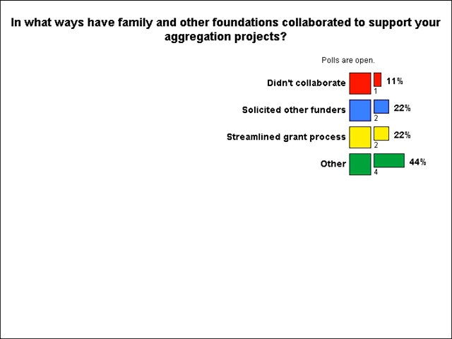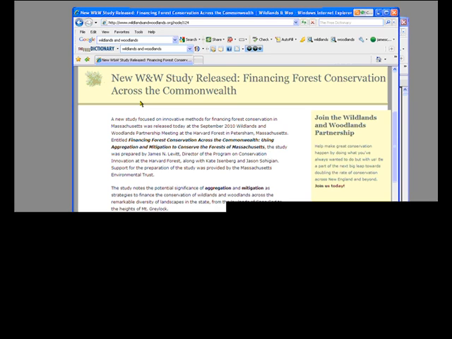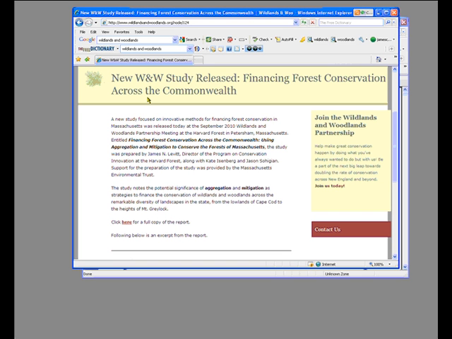So I'm going to wrap up at this point, but simply to say that there is indeed more information available at wildlands and woodlands.org on the techniques of aggregation and mitigation, at least as they are practiced in Massachusetts. You can also contact me. I have been recently contacted by several officials in other states to learn more about how they might use these techniques to advance land conservation in their geographies.